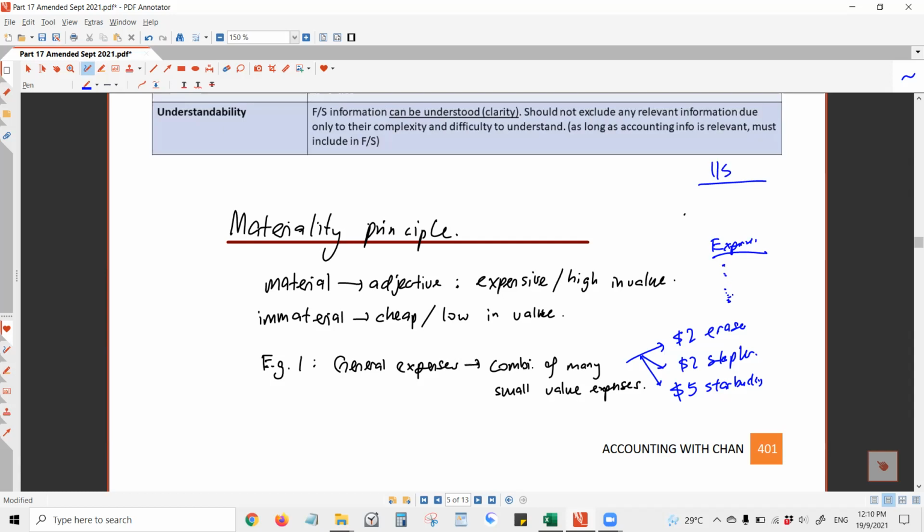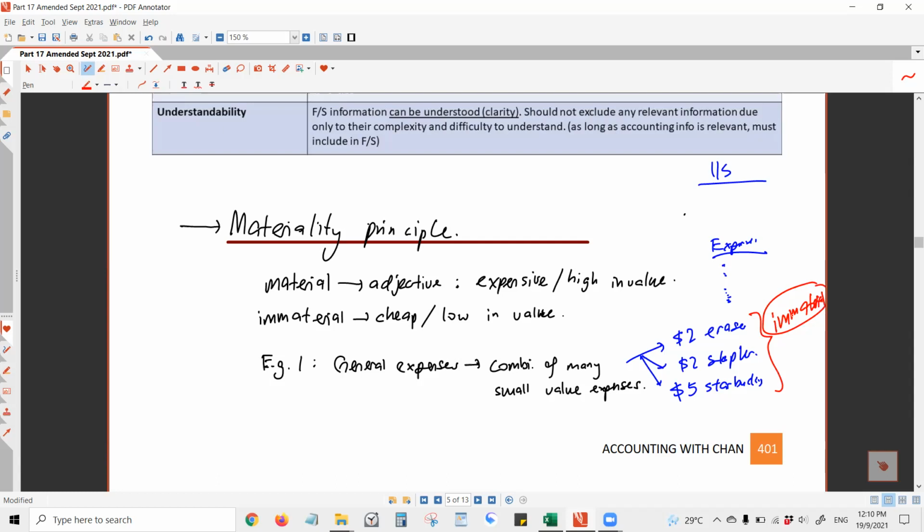Make sense? So that's why we have this materiality principle. This principle tells us that for things that are immaterial, meaning low in value, it is not worthwhile to state them individually in the income statement.